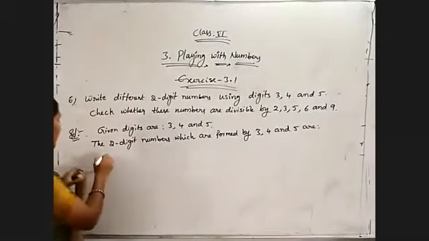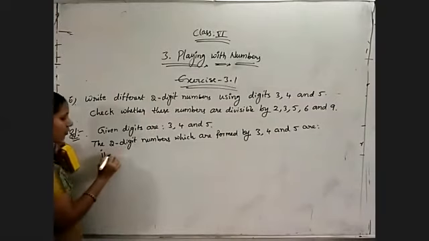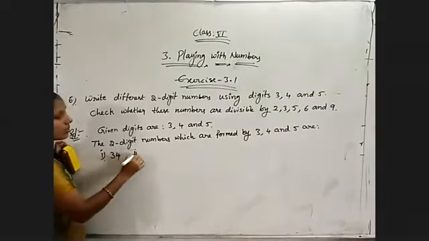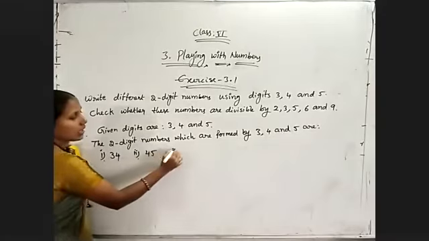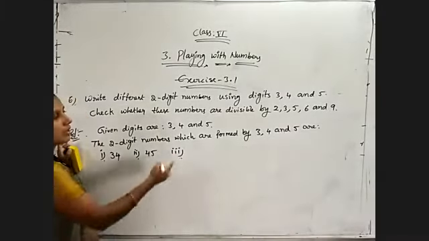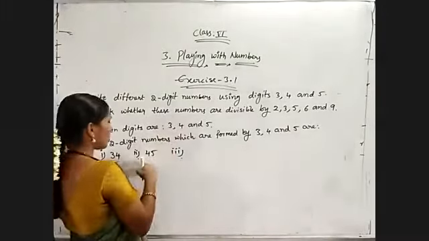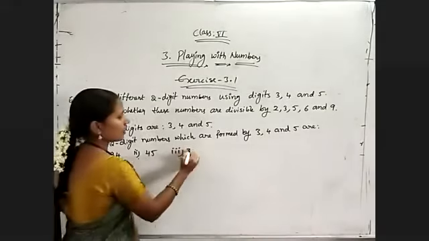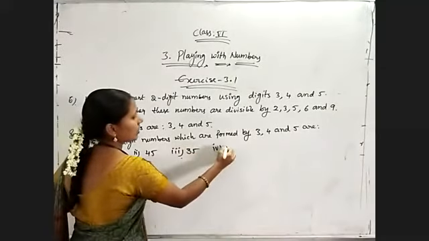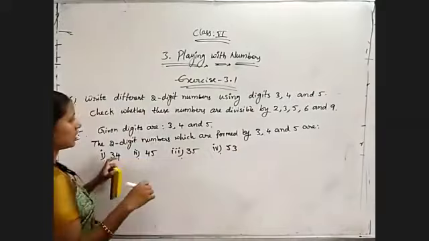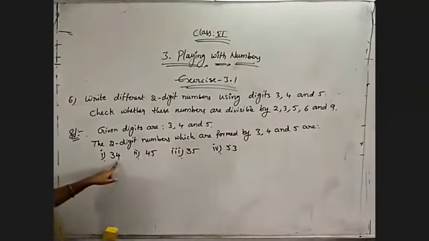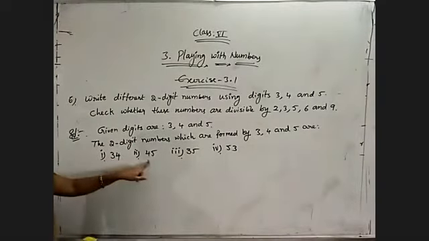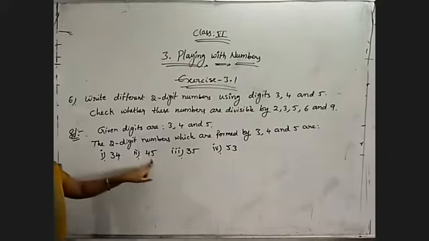Okay, my first number I am making as 34. Second number is 45 and third number is 53. So 34, 45. 3, 4 I have used, 4, 5 I have used. Now I am using 3, 5: 35 and 53. 3, 5 over, 4, 3 finished, 4, 5 finished.